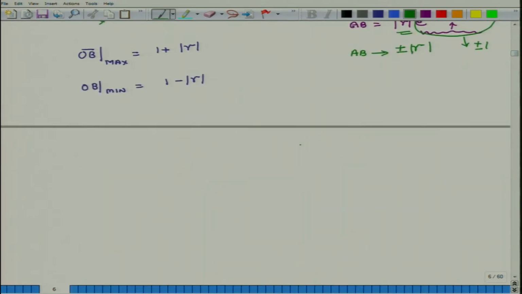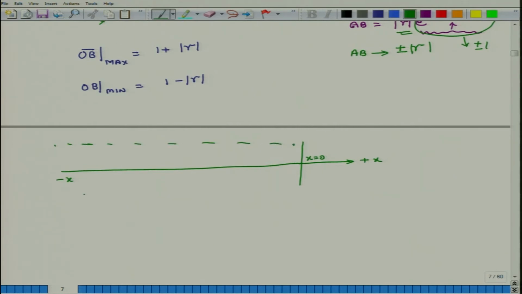So, what that means is that if I plot, this is my negative x, this is x equal to 0, excuse me, and this is my positive x. My tube exists in this direction, and the tube starts from x equal to 0.